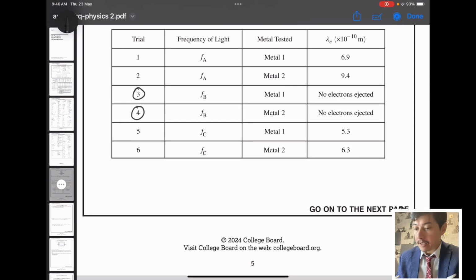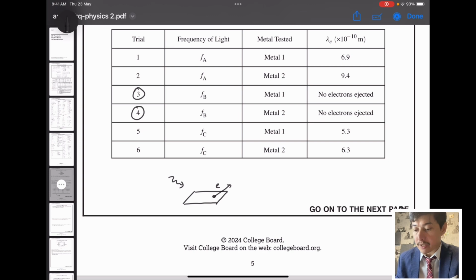Before we start analyzing the table, let's quickly recap the photoelectric effect. The photoelectric effect states that when light strikes a metallic surface, it is possible, not always, but it is possible to eject an electron from it.